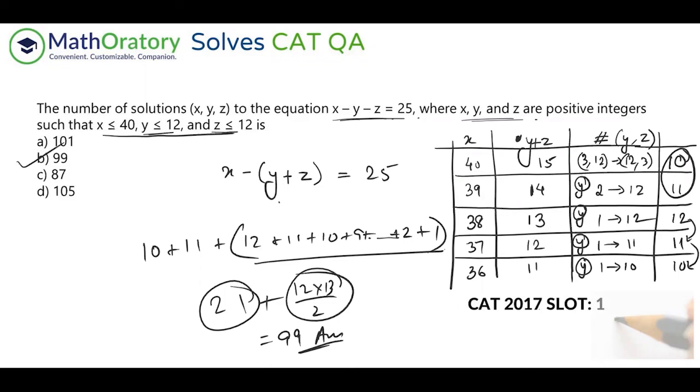This will take some time to do whenever you have a question like this. So I would say somewhere around 2 to 2.5 minutes is an ideal time to solve this question. If you identify these kind of patterns quickly, then you can figure it out.